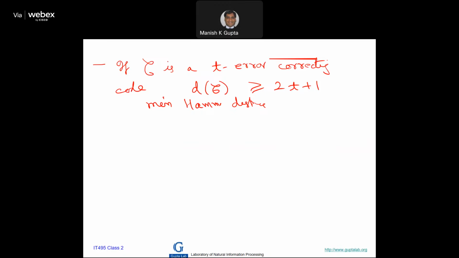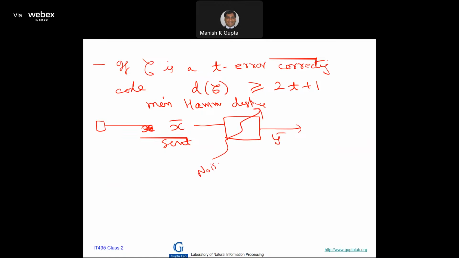So the proof is important here, and you will see that along similar lines we proceed in DNA storage. So what I need to do, suppose X is a vector that is sent and Y is received. This is our noisy channel, right?